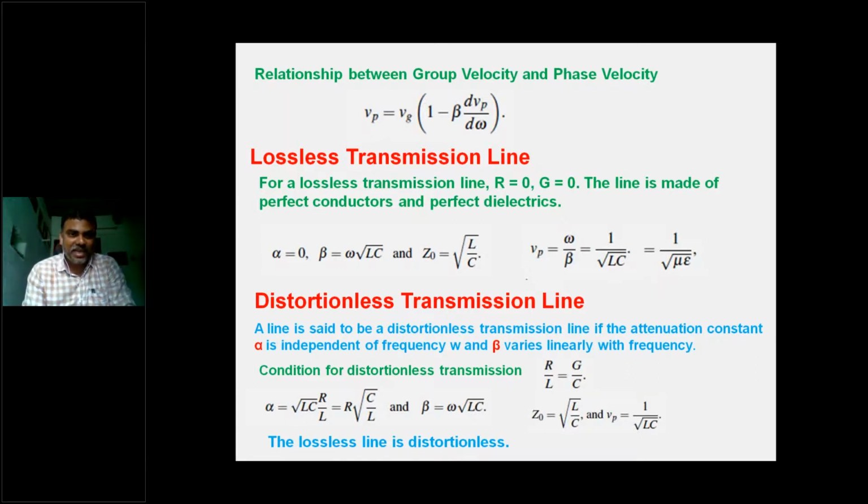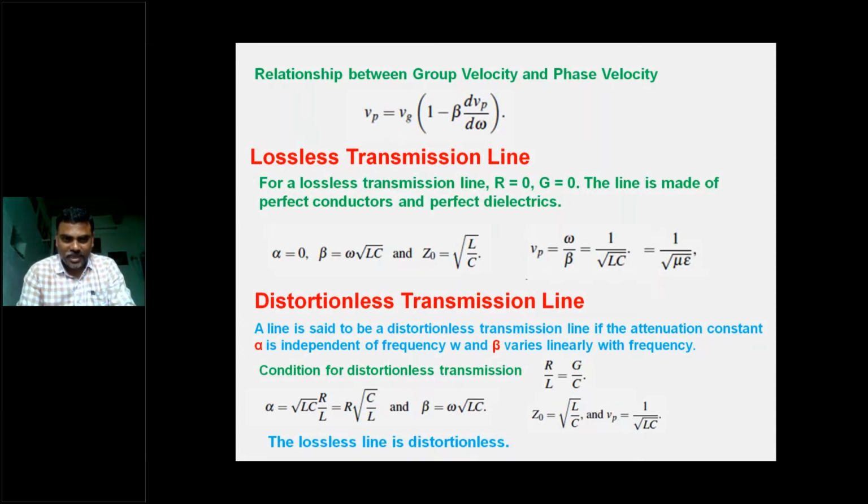Any transmission line is said to be lossless whenever the attenuation constant alpha is 0, or in terms of primary constants, whenever the series resistance R and shunt conductance G are 0. Or once the line is made of a perfect conductor and perfect dielectric, we can call that lossless.